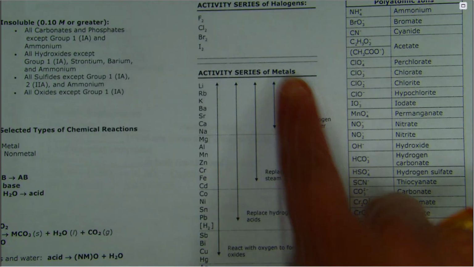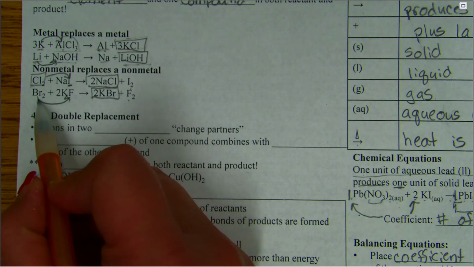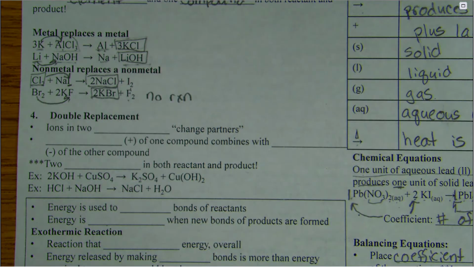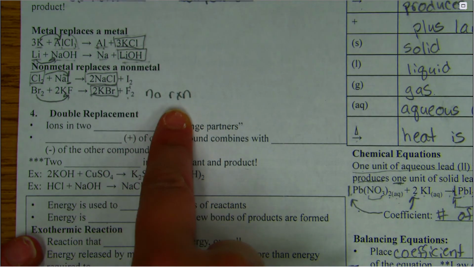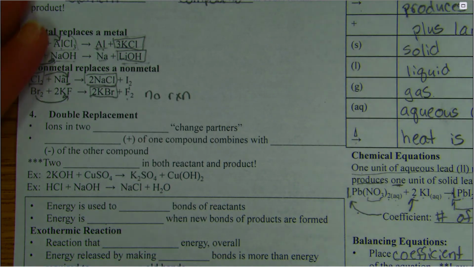So you'll get this activity series on your reference tables, and you'll learn that, for example, this reaction really is a no reaction. Now, I'm not really concerned for the purposes of this class that you know this reaction does not actually happen in real life. I just wanted to provide it for you so you could kind of see where we're headed when we go to chemistry next year, okay? And the next level that we're going to take these notes.